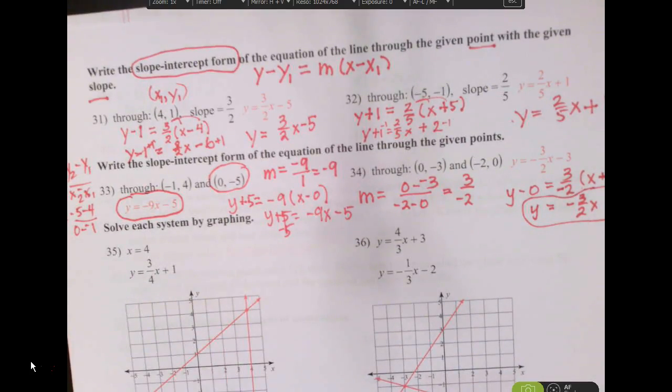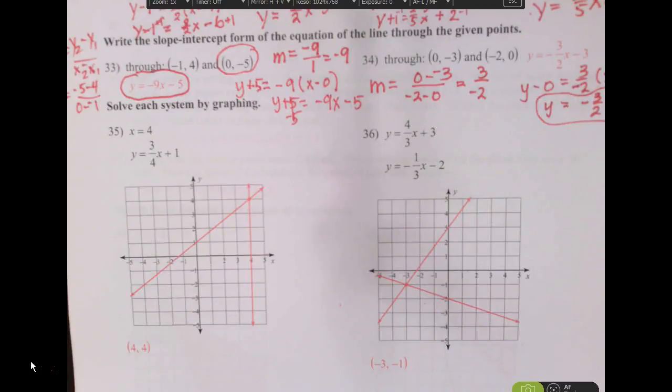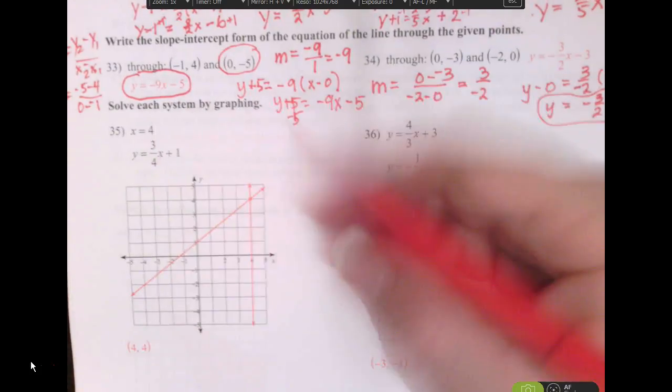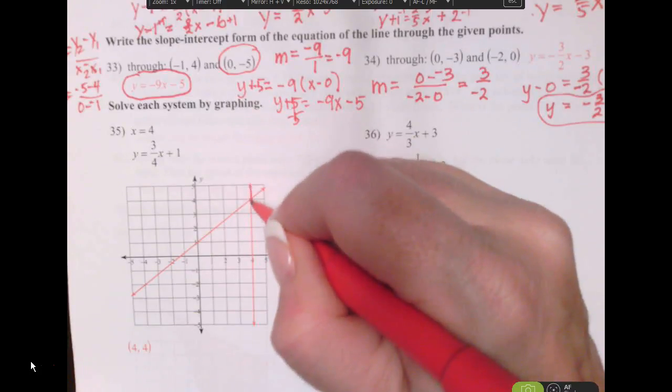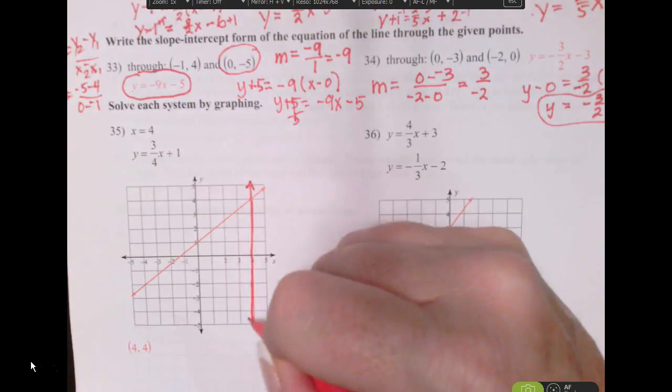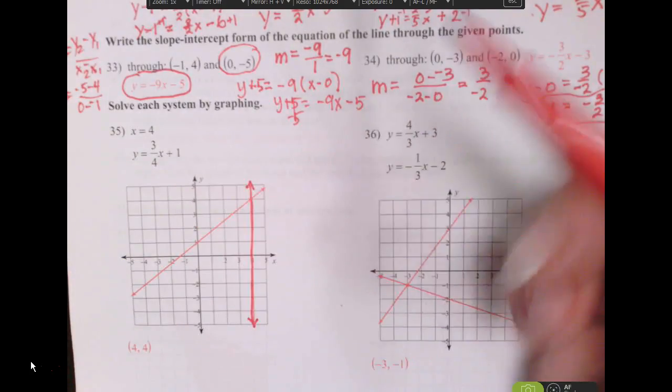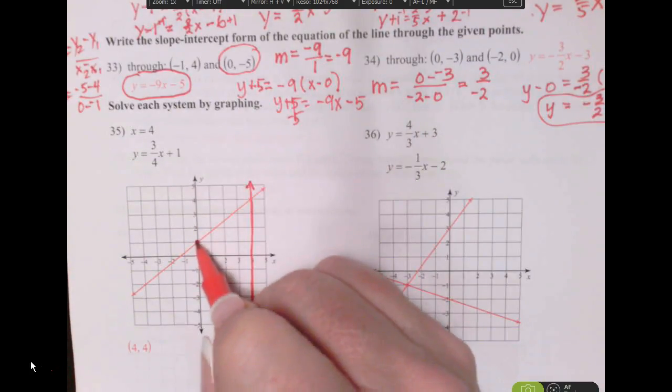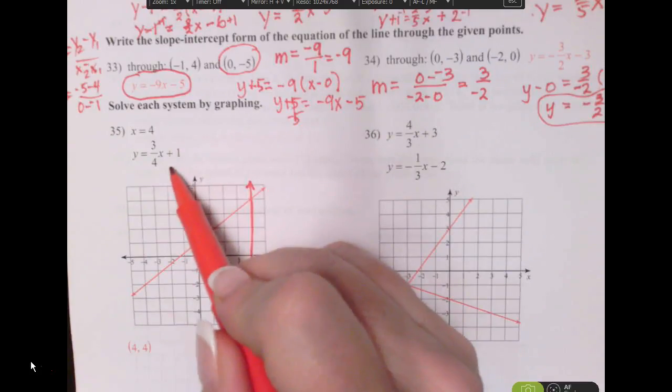In number 35, we're going to solve a system by graphing. So we have to graph each line. x equals 4, if you remember, that is a vertical line over here at x equals 4. Then y equals 3/4 x plus 1. You just go to positive 1, that's your intercept.